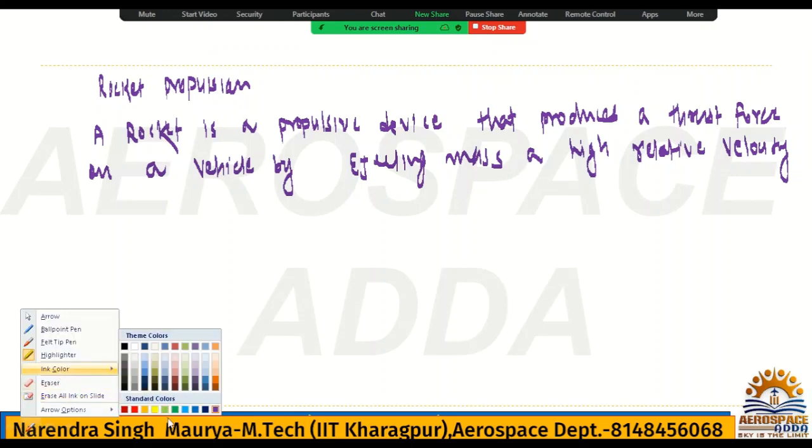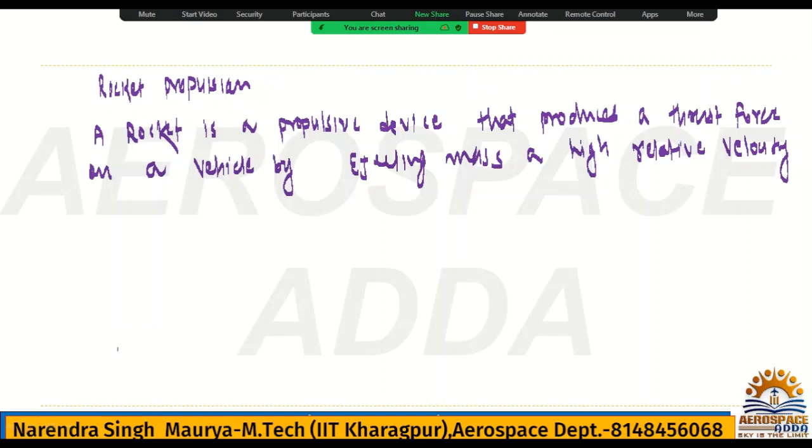Now, if you check, there is a very minor difference between jet propulsion and rocket propulsion. First, you have seen it is air breathing and non-air breathing. That is okay, but another minor difference is that in rocket propulsion systems, they are carrying both. In jet propulsion, they are taking air from the atmosphere and ejecting gases through the nozzle into the atmosphere.